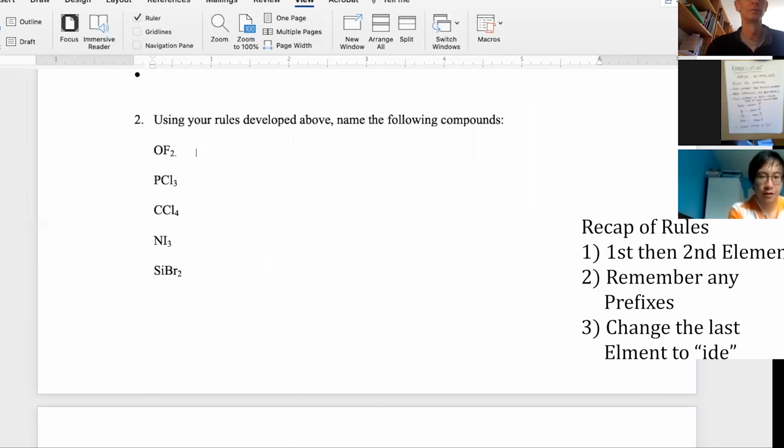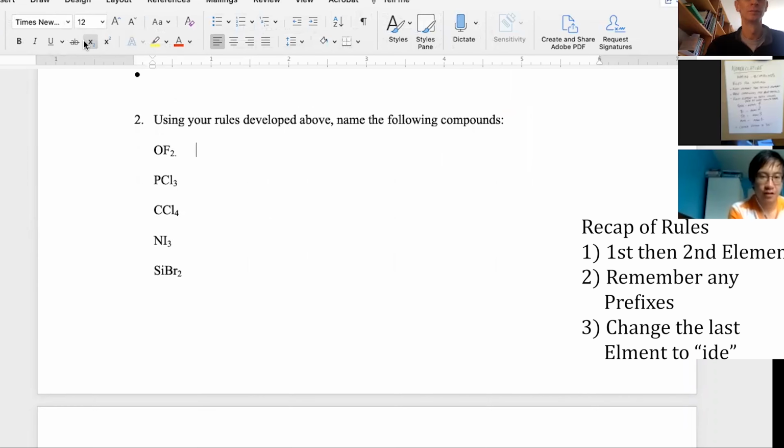So there's only one oxygen. So we start off with oxygen. And we don't need a prefix for the first one if there's only one of them. And then we have 2 fluorines, but we always change the ending of the second element to "ide." So let's first write fluoride because we know that's the element.